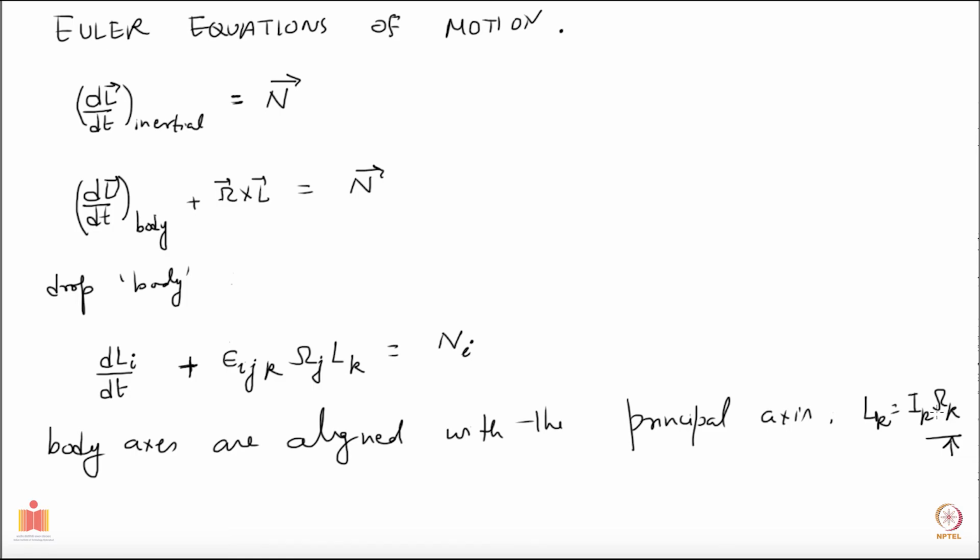So if I substitute this, L_k I substitute here, so I get I_i d omega_i over dt, plus epsilon_ijk omega_j L_k, where L_k would be I_k omega_k, and this will be equal to N_i.